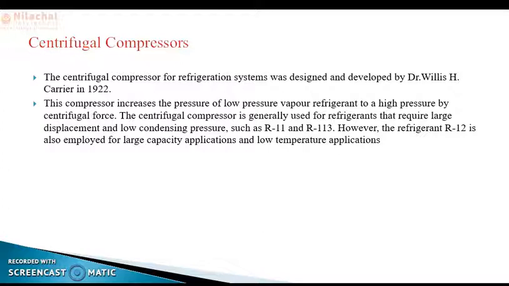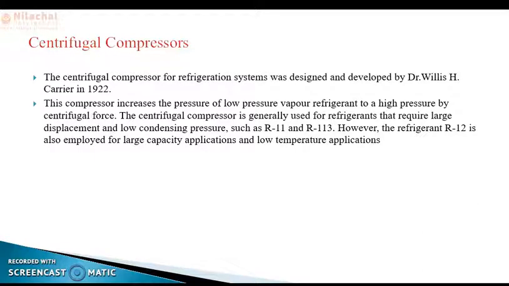In the last video, I explained about the positive type of refrigerant compressor, and in that I explained the reciprocating compressor and the rotary compressor.